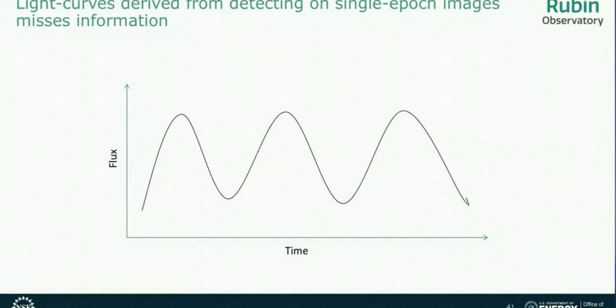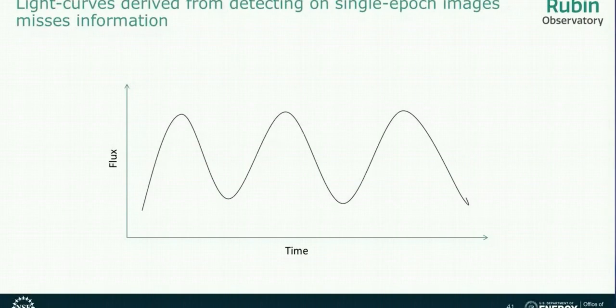How do we generate light curves? There are some considerations here too. What you should not do to generate light curves is use the catalogs detected on the single epoch image and then match them and generate a light curve of those matched catalogs.